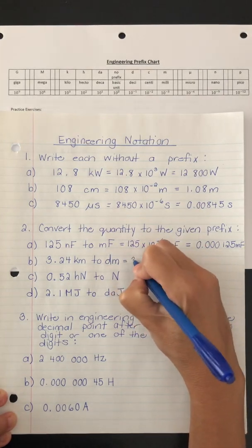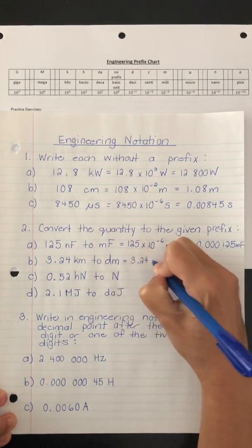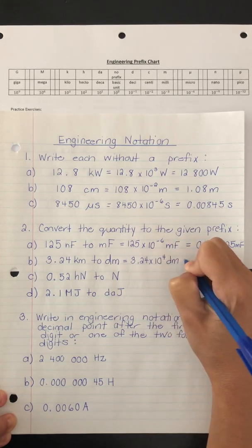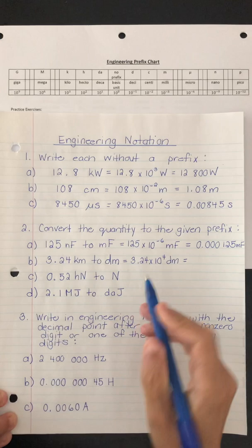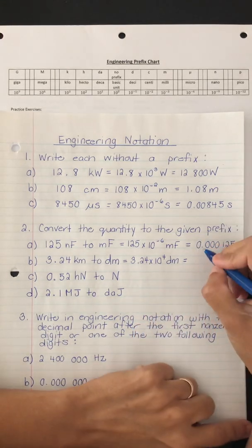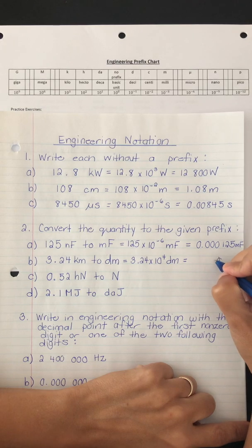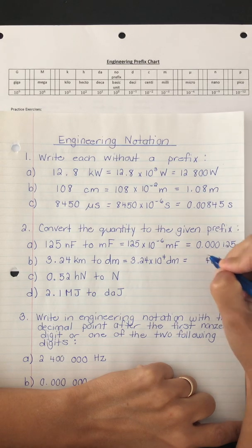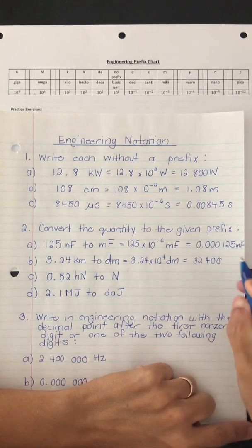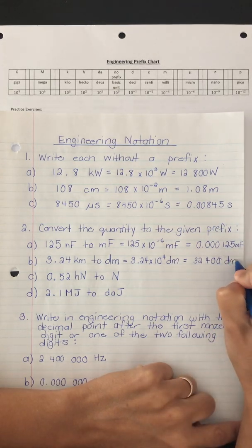So this means we have 3.24 times 10 to the 4 decimeters. Now go ahead and actually move the decimal 4 to the right, and we would get this: 32,400 decimeters.